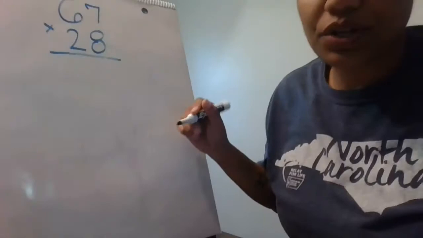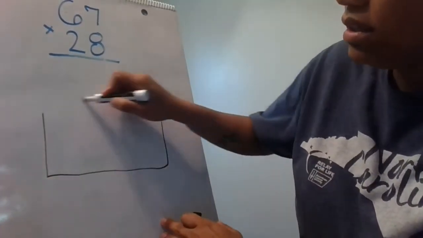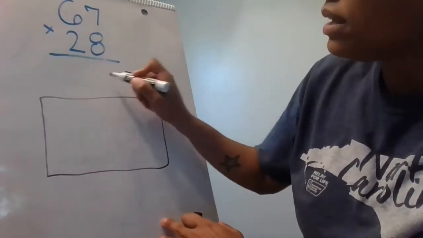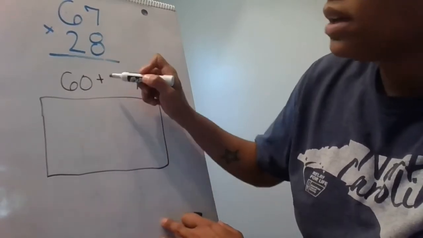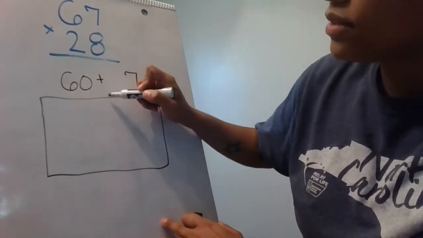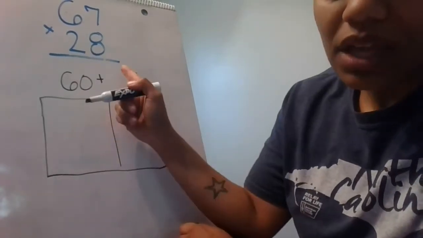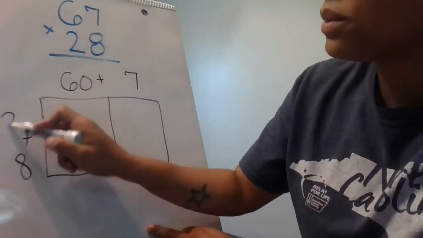So the first thing I'm going to do is draw my area model box. So a 7 in the ones would be worth 7, and a 6 in the tens would be worth 60. Now remember where I have my plus sign, I just extend that line. Now with 28, I have an 8 in the ones, so that's only worth 8. And 2 tens would be worth 20.